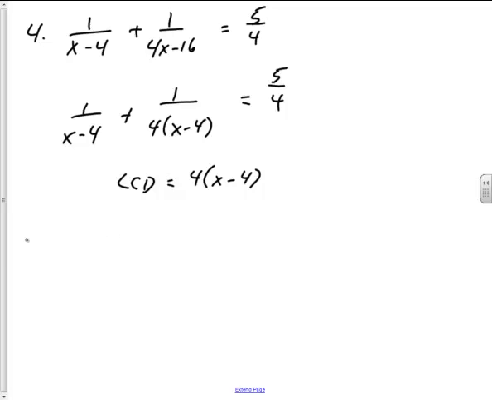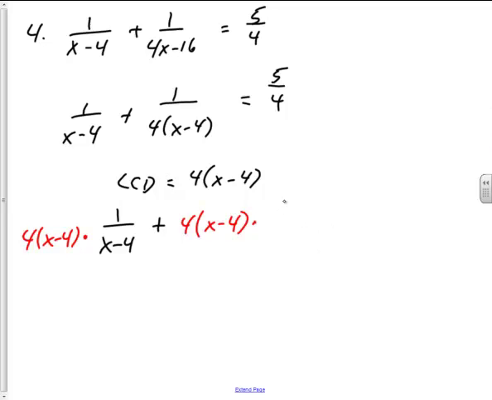So I'm going to multiply each expression times 4 times x minus 4. So I'm going to get 4 times x minus 4 times 1 over x minus 4 plus, and then I'll take the 4 times x minus 4 and multiply it times the second expression.